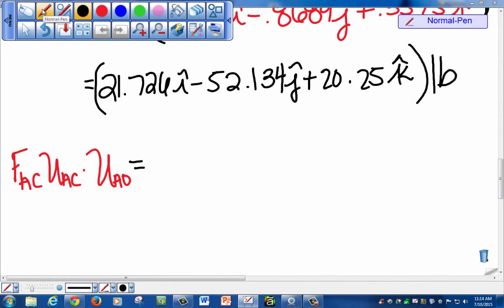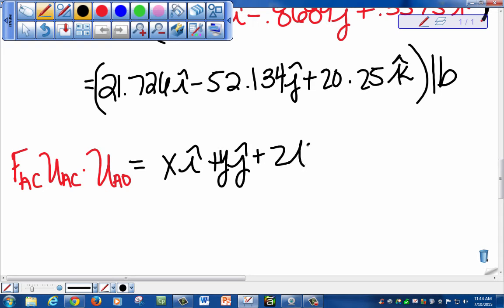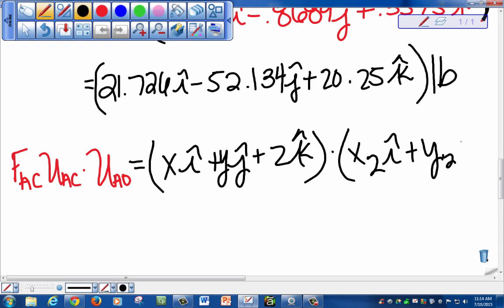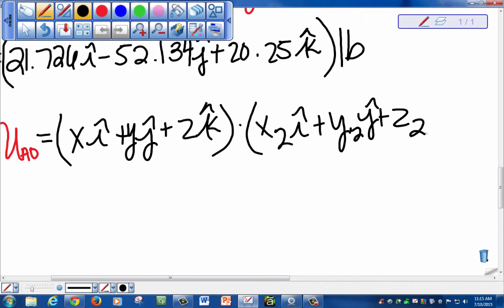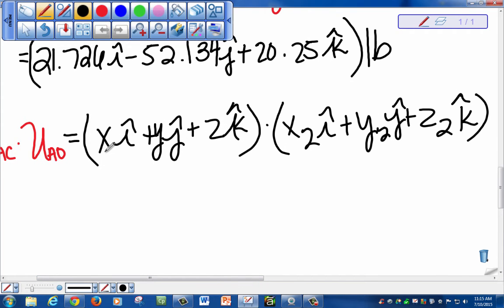Remember, whenever we do the dot product, and this is just an example, we're multiplying our i components together, our j components together, and our k components together, and then we add everyone at the end.